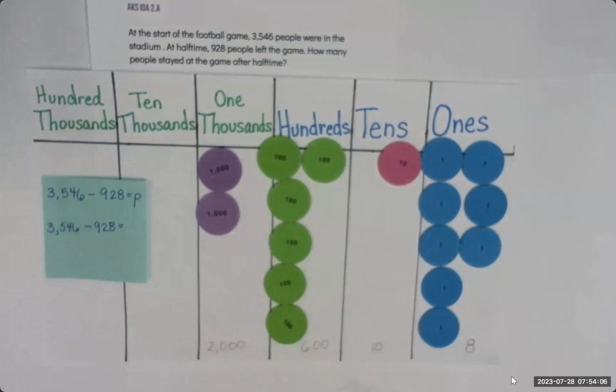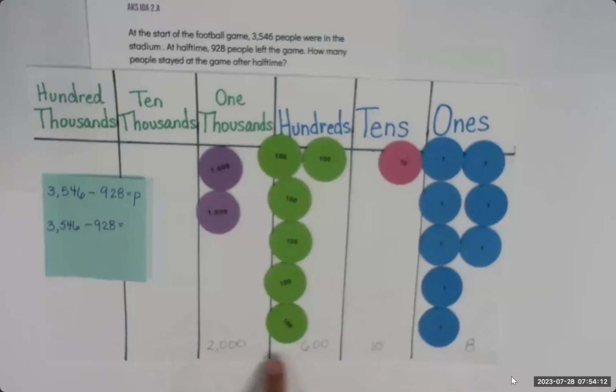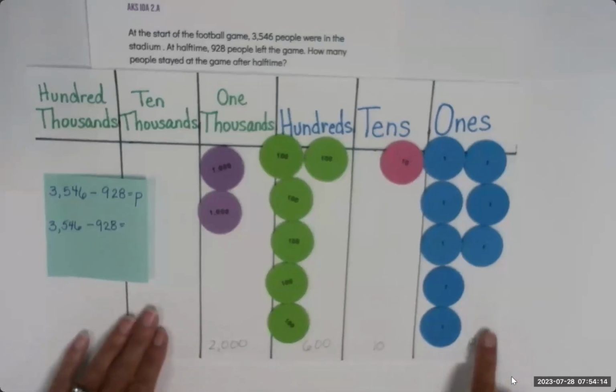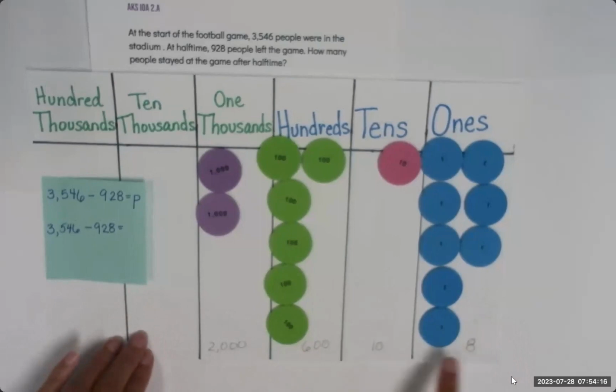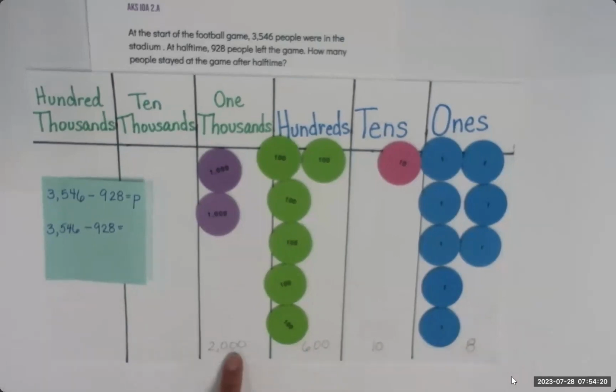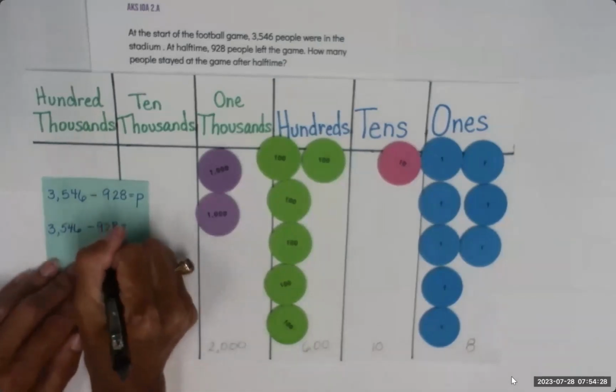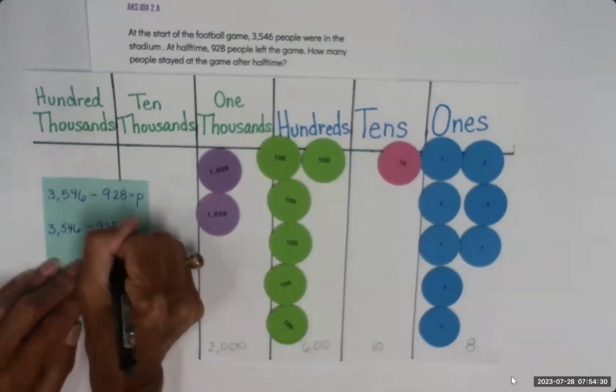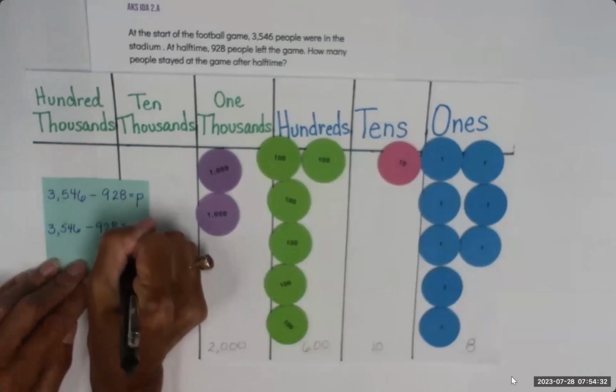So after subtracting 928, we're going to compose or add together these differences here to get our final answer. So 2,000 plus 600 plus 10 plus 8 would give me a solution of 2,618.